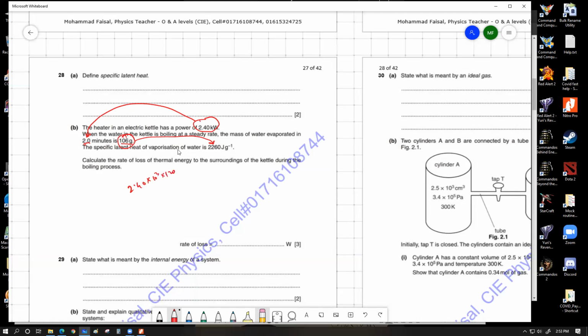And the heat that you actually used to boil the water is going to be 106 into 2260. The difference of these two is the heat lost. So you calculate that, and because the question is asking for the rate of loss, which is power, the power lost would be simply that subtraction value Q lost divided by 120. Be careful to do the minute to second conversion in every single case where you are using the time, and that's pretty much it.